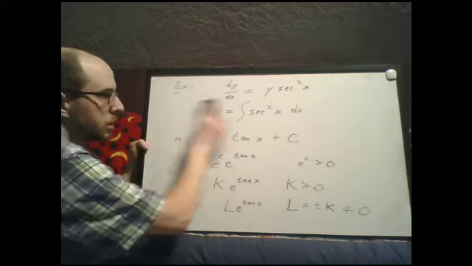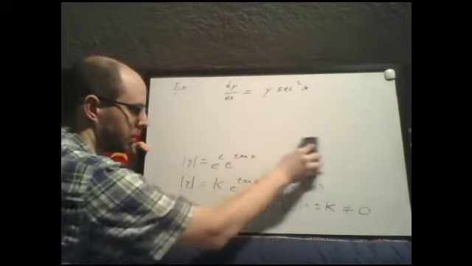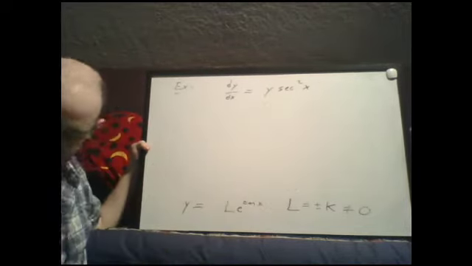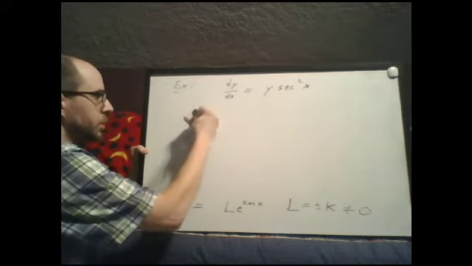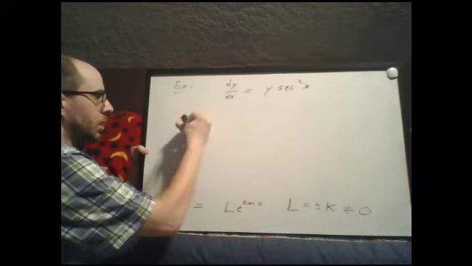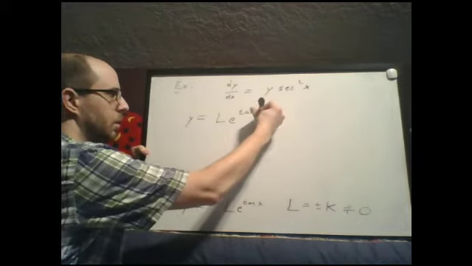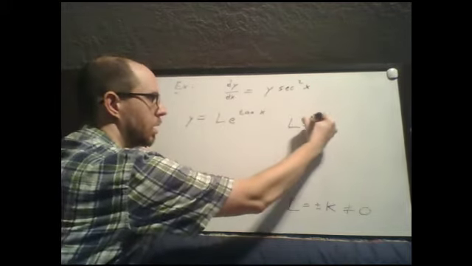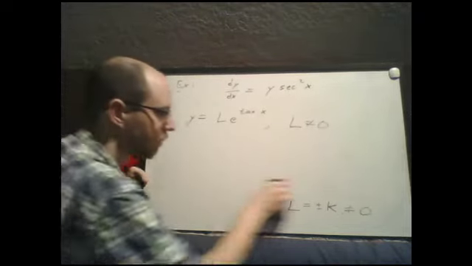Let me erase some of this work. I want the equation as it originally appeared. So currently it's looking like my solution has this form, where L is some non-zero constant.